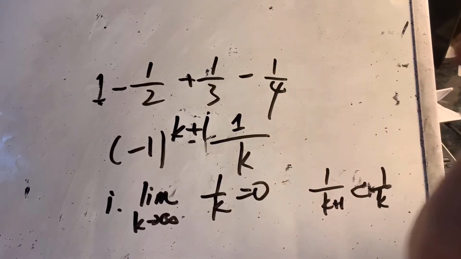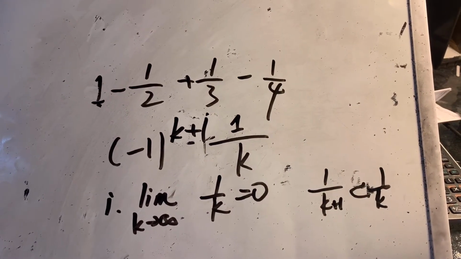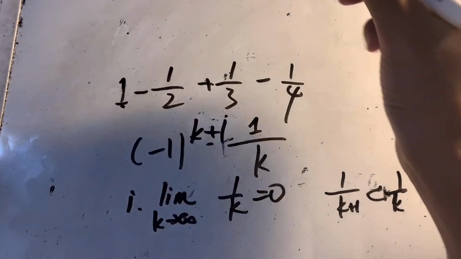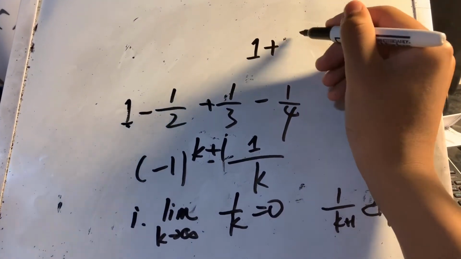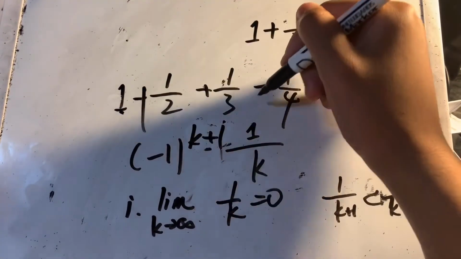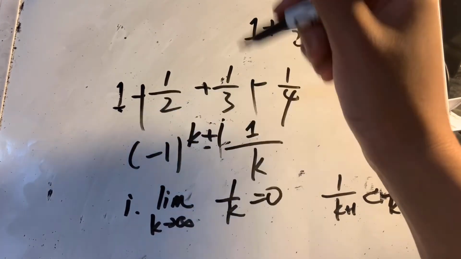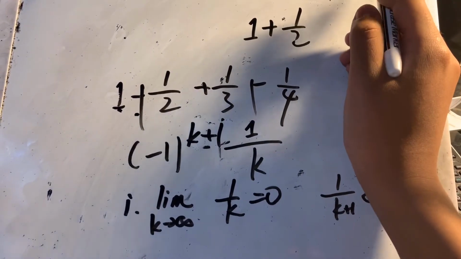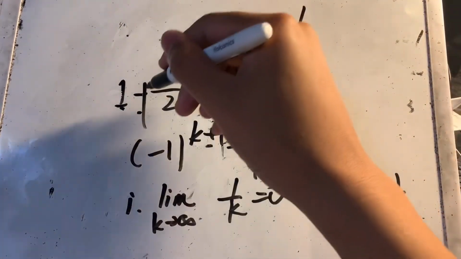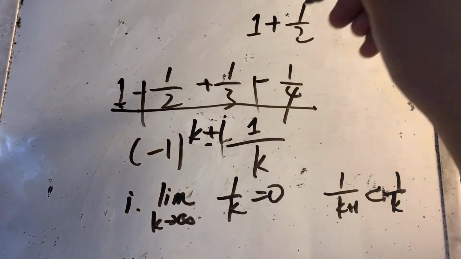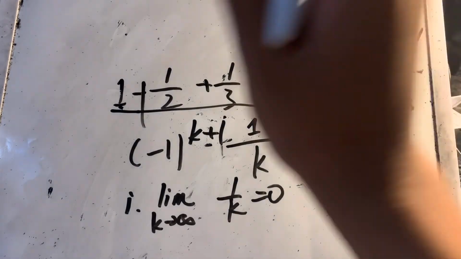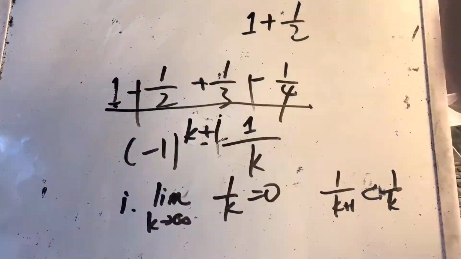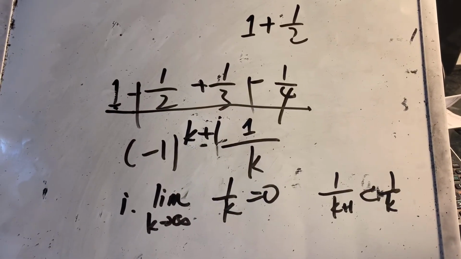Okay. So what does converge absolutely mean? It means that if you change every minus to plus, it also converges. If it does not fulfill this condition, when every minus changes to plus and the series does not converge, then it does not converge absolutely.